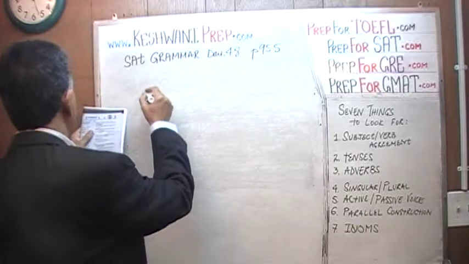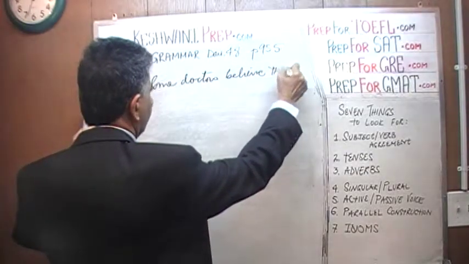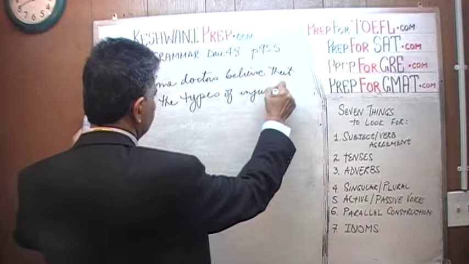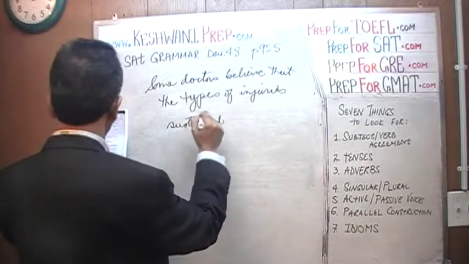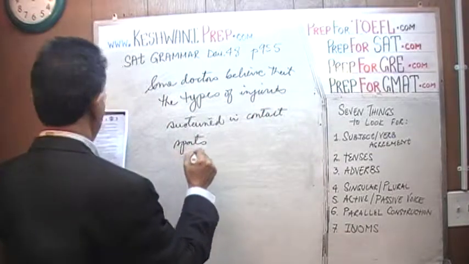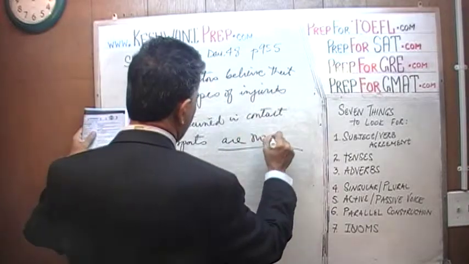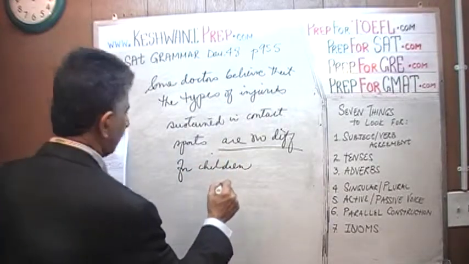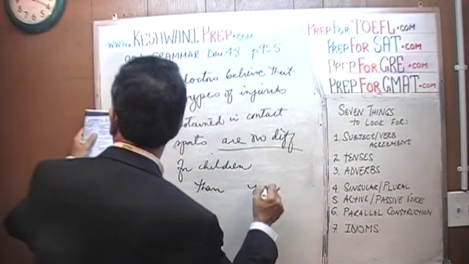Some doctors believe that the types of injuries sustained in contact sports are, so none of this is underlined, the underlined portion starts from here, are no different for children than young kids, young adults.